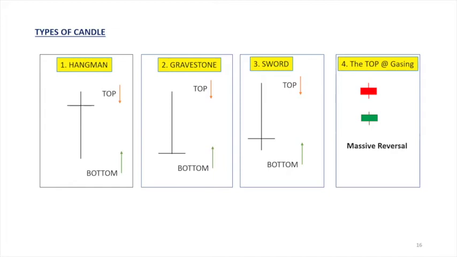The beauty of this candlestick is that you need to have a lot of imagination power. By looking at the candle, you might say, oh, this is a bear candle, so the bears are stronger.